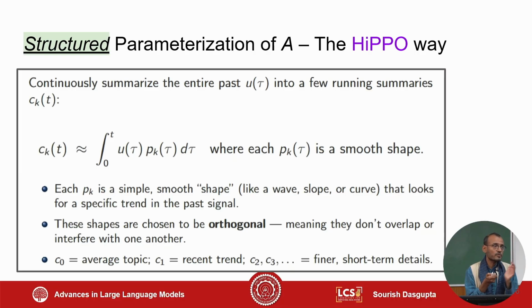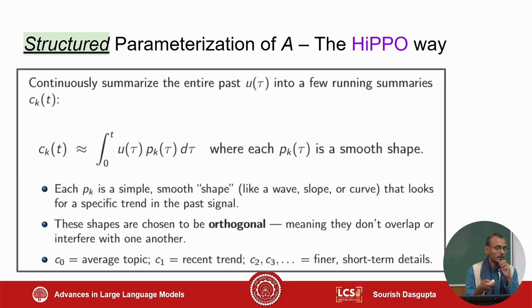Then you take out the principal components, which ideally should be orthogonal to each other, which means one component should not be a reflection of the other.